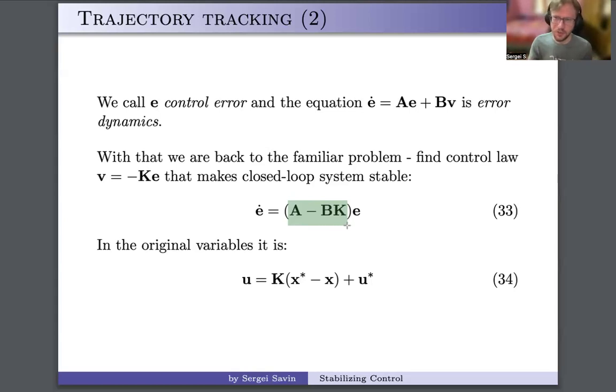There is no difference between trajectory tracking and stabilizing the origin in linear control. In both cases, you simply find such K that A minus BK is stable. The control law would be slightly different though. It will have those two new terms, which exactly allow you to track your trajectory. If there was no x star in u, you would stay at the origin, right? But with them, you track a trajectory. So that's it in terms of trajectory tracking.